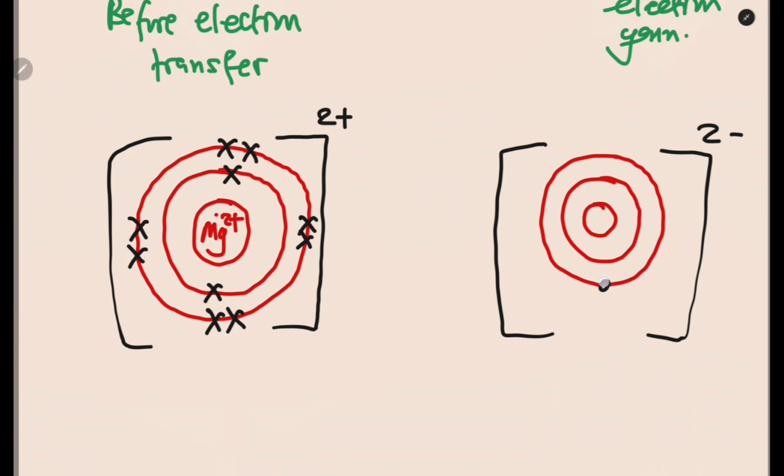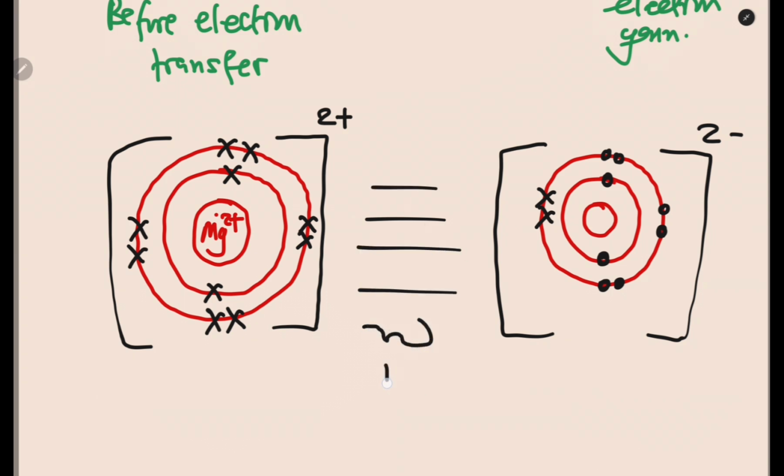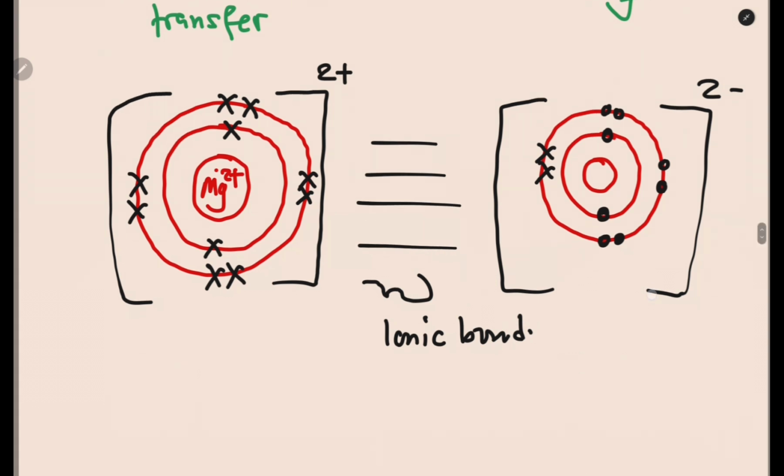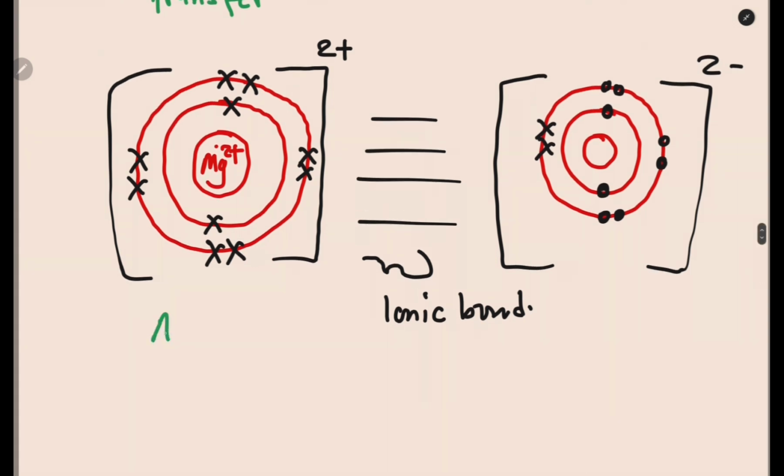Then here I'll use dots, dots for the original electrons of oxygen. Then for the ones it has gained, since they are coming from here and they are closest here, I'm going to put crosses here, meaning that 2 electrons have been gained from here. Then in the middle, I can put these lines showing ionic bond.